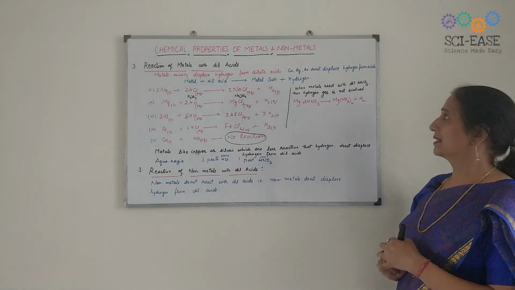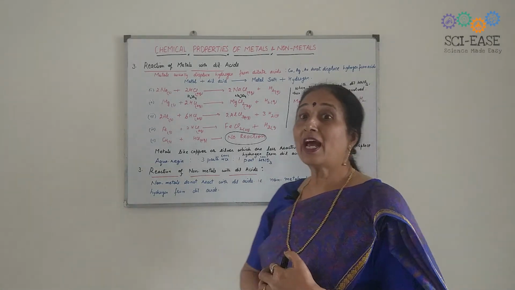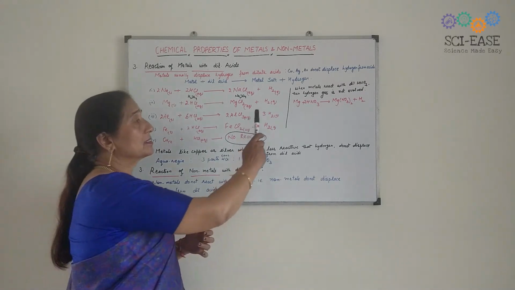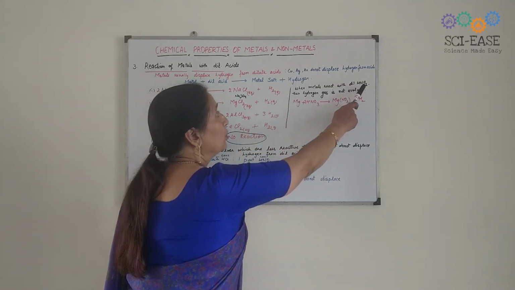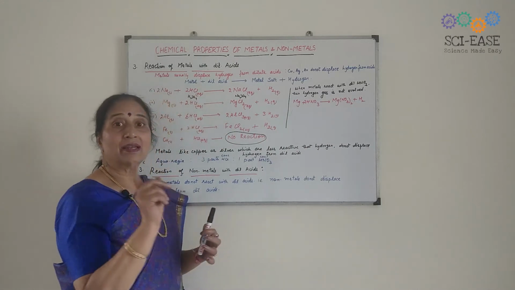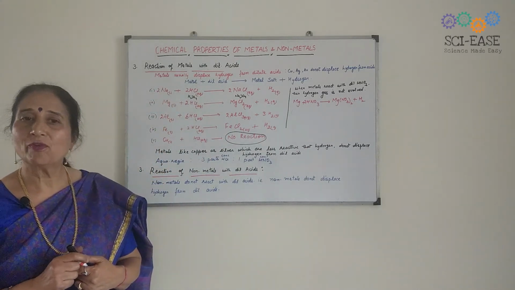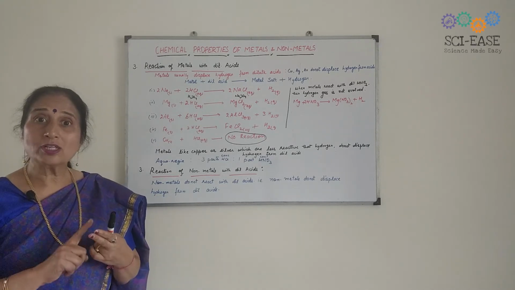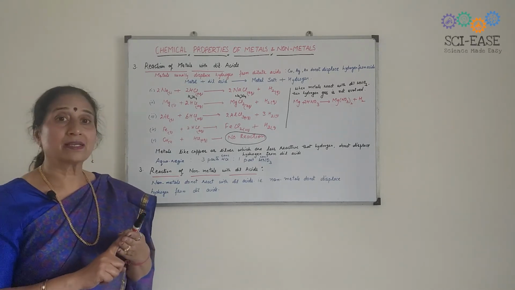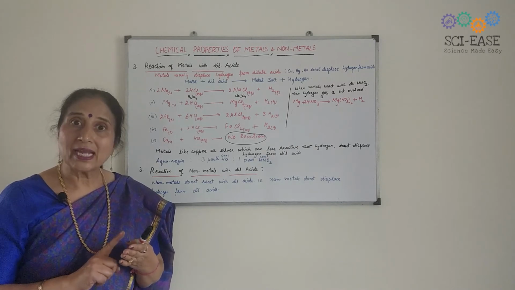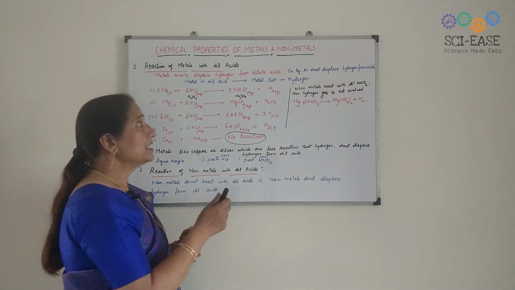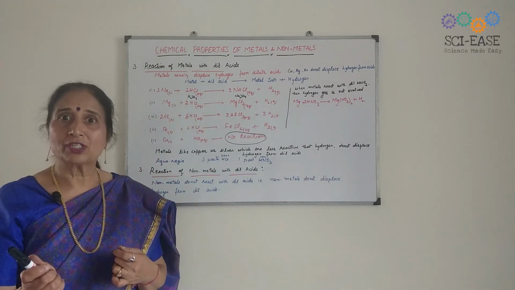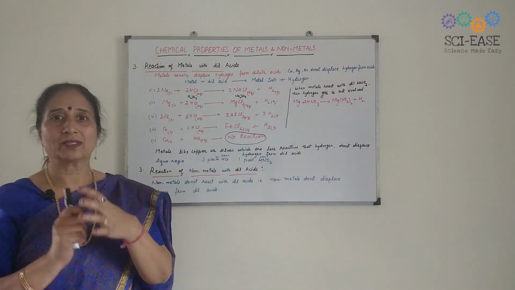Now consider the case of nitric acid. When metals react with dilute nitric acid, then hydrogen gas is not evolved. Why? Because nitric acid is an oxidizing agent and it will oxidize the hydrogen which is formed to water.